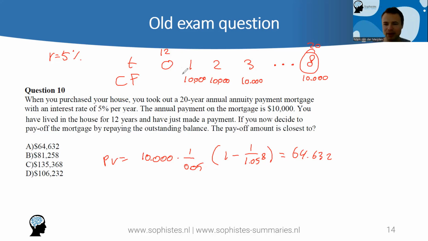let me explain why that wouldn't work. It is again because of the time value. The problem is that we now are in year 12. That's our new time 0.